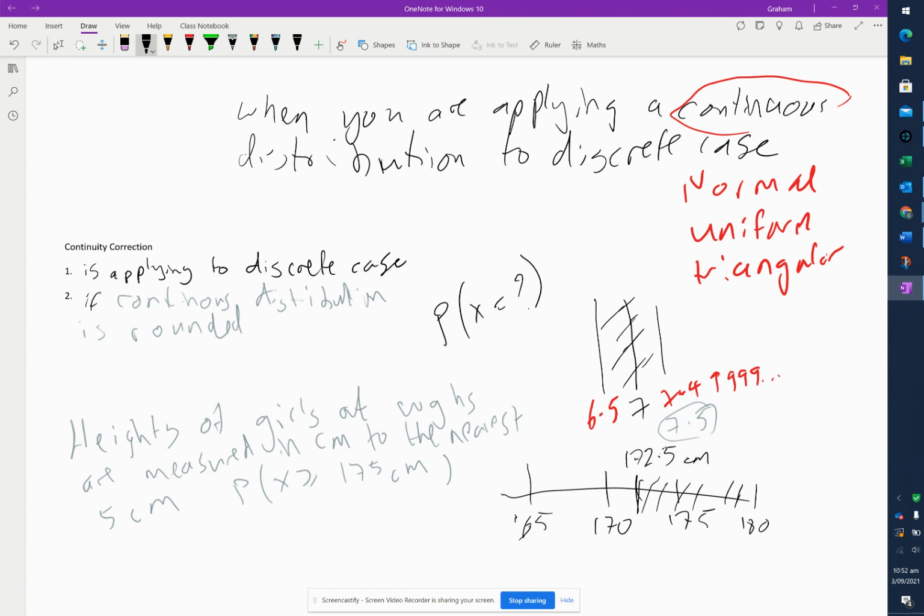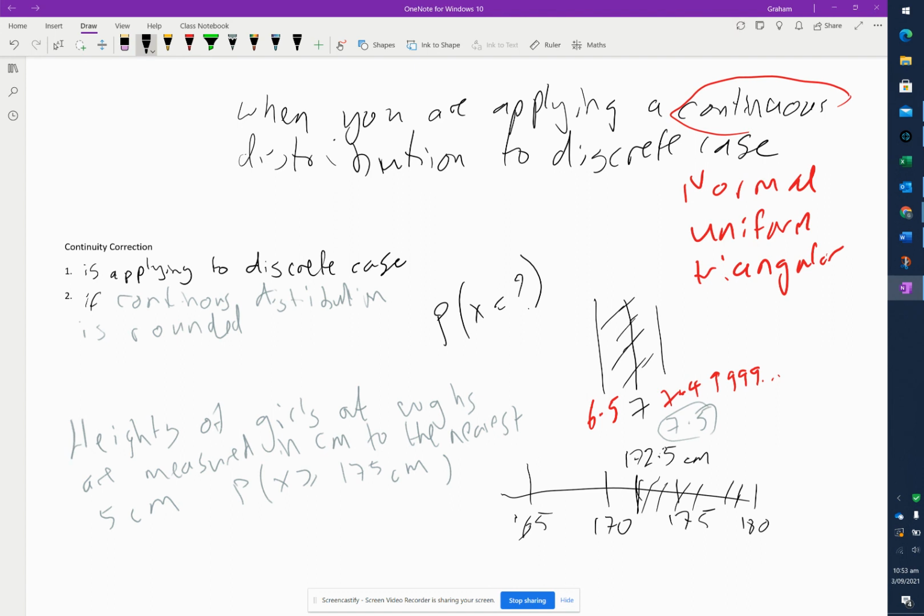Now, a couple of words of caution. First word of caution is don't go looking for a continuity correction where there isn't one. Okay? You don't want to always be applying this. It's got to be either a rounding one or you are applying a continuous distribution to something that is discrete, i.e., I'm applying a normal distribution to shoe sizes, which are discrete.